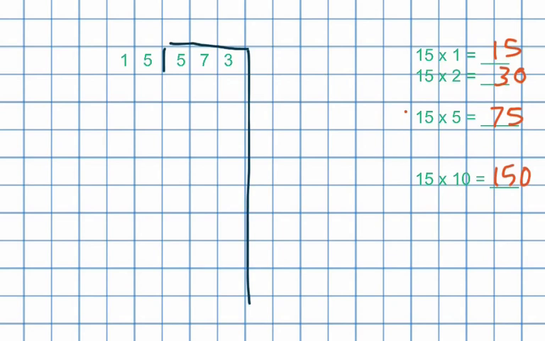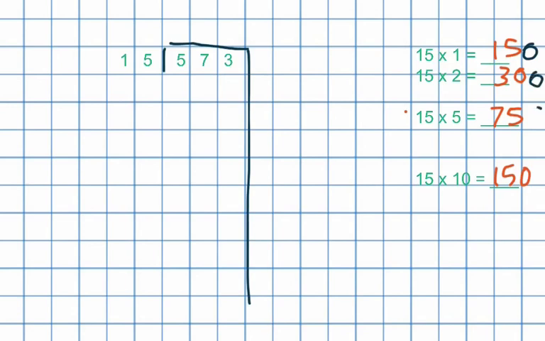Now I'm starting to look at my numbers, and look, I have a 3-digit number. So I wonder, could I think about there being another 0 on these numbers? If I added a 0 to 15, I'd have 150. A 0 to 30 would be 300.